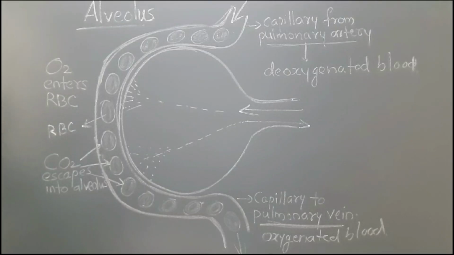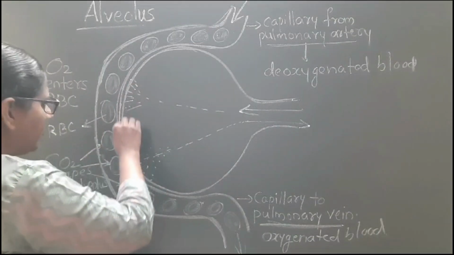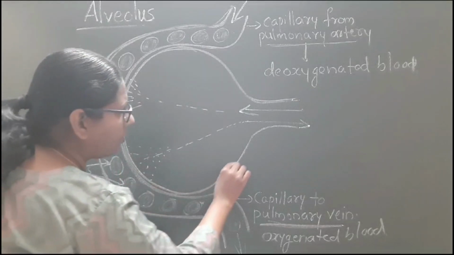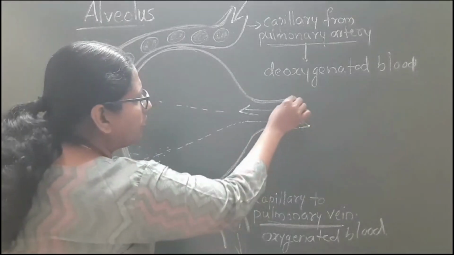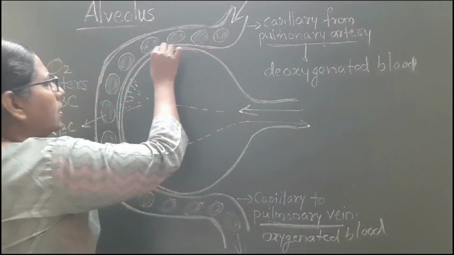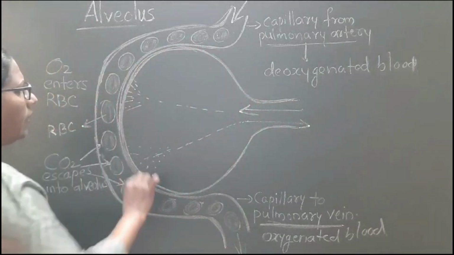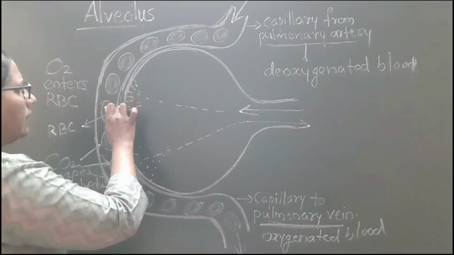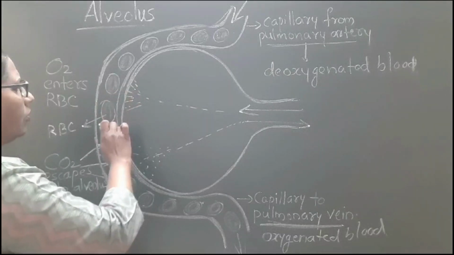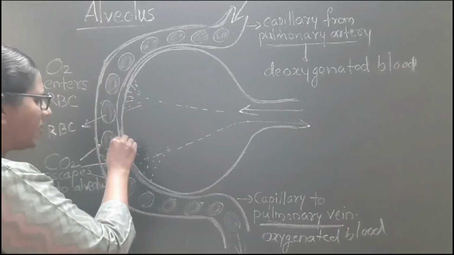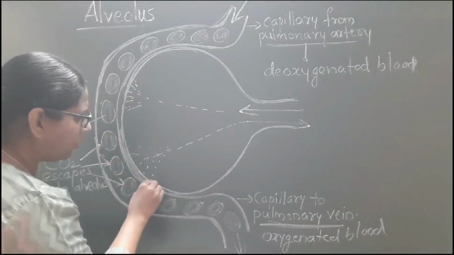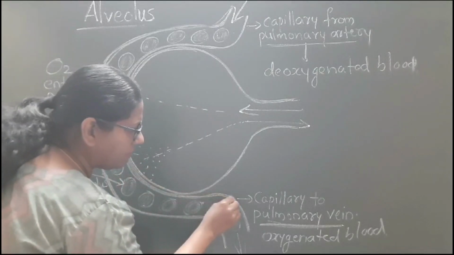Let's learn how gas exchange takes place in the alveolus. This is the alveolus. Now we learned that in the lungs there are a number of alveoli, and these alveoli are covered with a network of capillaries.